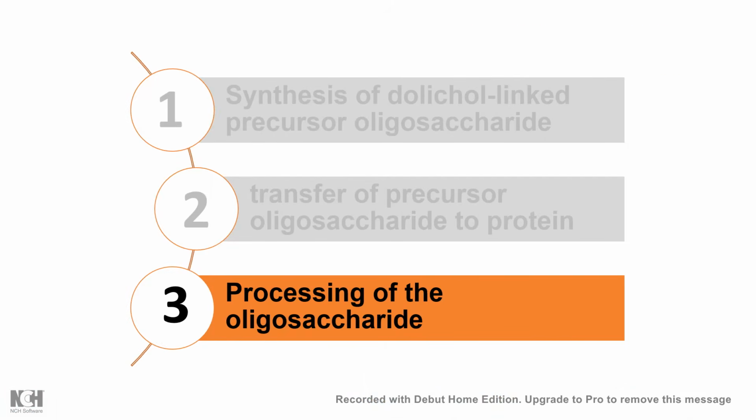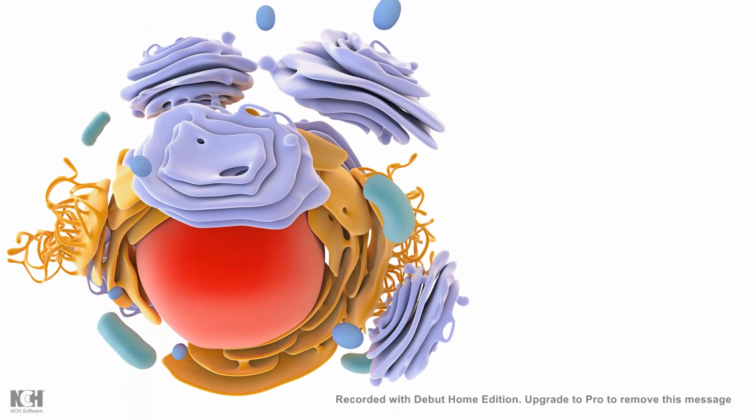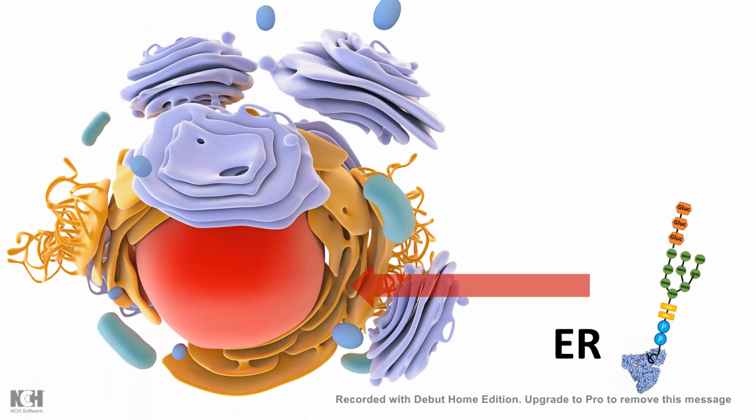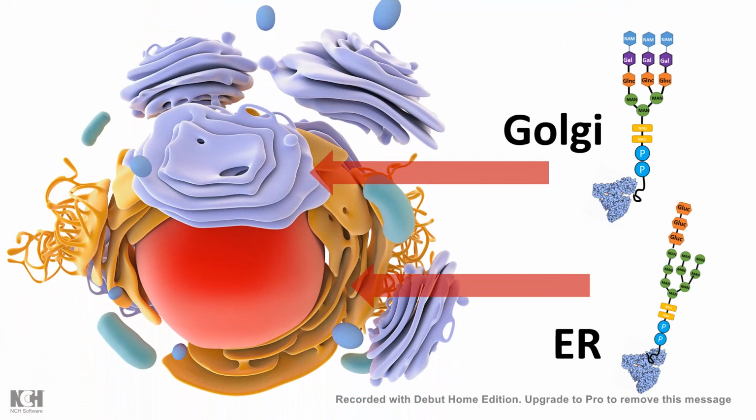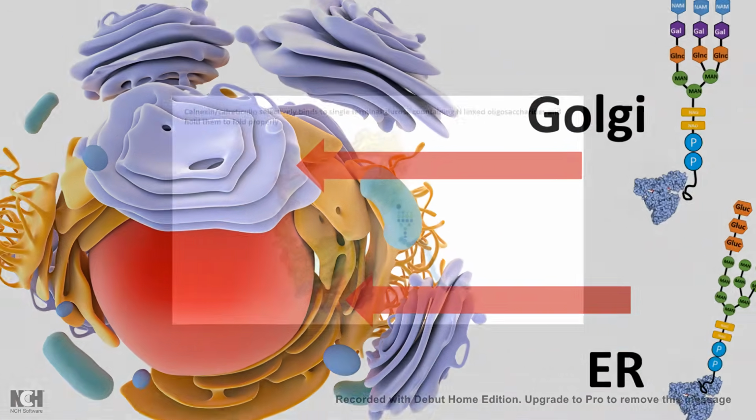And the last step is processing of the oligosaccharides, which mostly starts in the ER but continues through several levels of Golgi. We know that in the ER and also in the Golgi, several different enzymes are there, and these enzymes differentially modify these glycoside moieties in different ways.